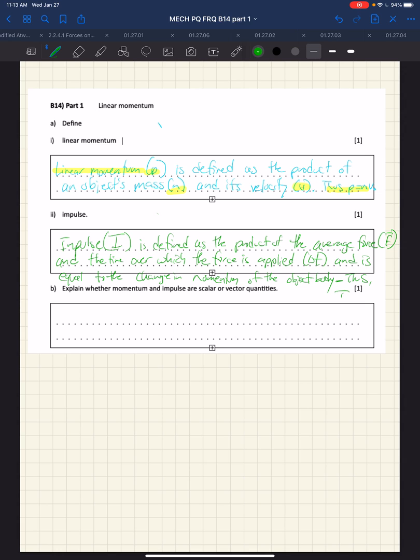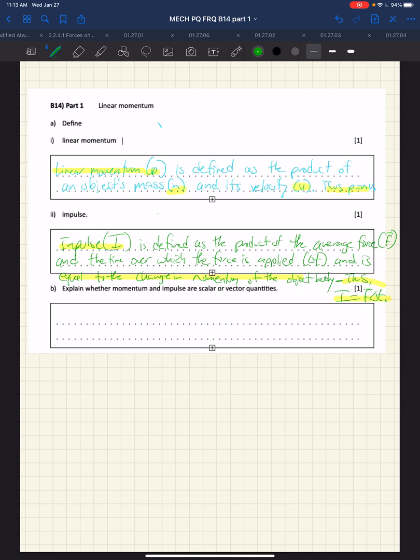Thus, I equals F bar delta t. So we did the similar thing with the terms, and we got to the formula here. We also went on to explain really what it is, which is the change in momentum.